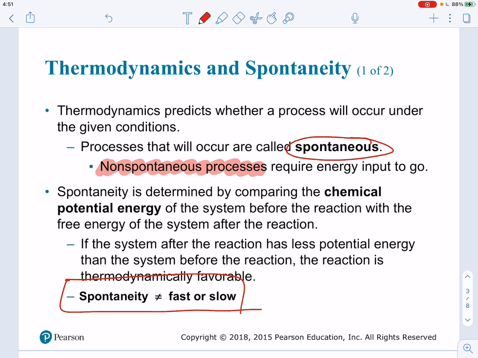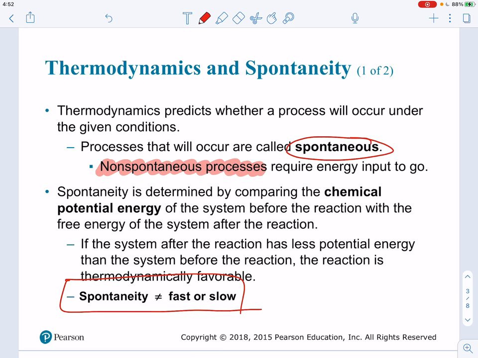But there are other factors that control whether a reaction is spontaneous or not. So the first thing you have to keep in mind is that a process being spontaneous doesn't control the speed at which that process actually happens.